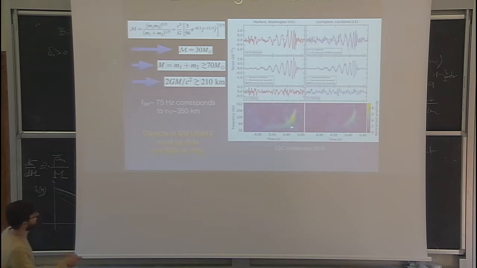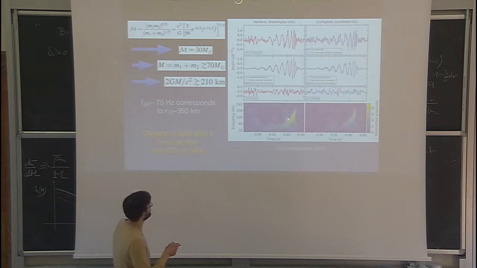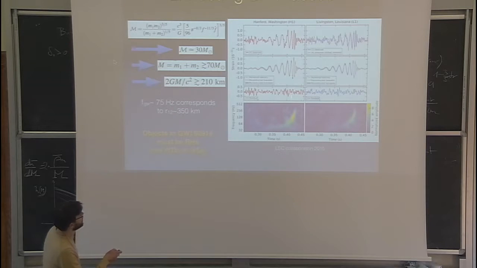In fact, you can look at this figure and see where the merger takes place, because the merger corresponds to the maximum of the power. So it corresponds to about 75 hertz. If you convert 75 hertz to a separation using Kepler's law, you get 350 kilometers.